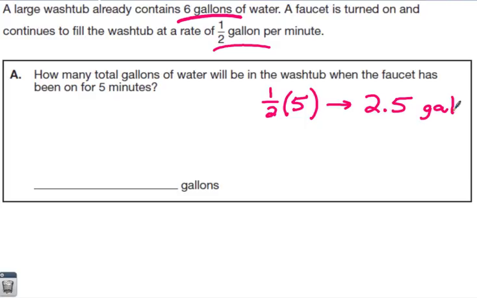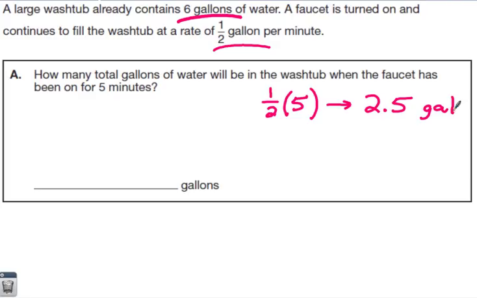We just assume that GAL is the shorthand for gallons. So that's 2.5 more gallons that were added onto the 6 that were already in the wash tub after 5 minutes.